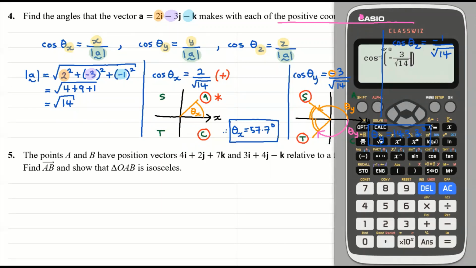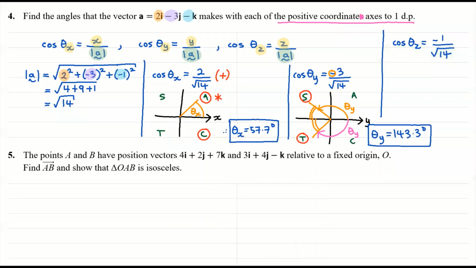Go back into that, just change the numerator to -1, and let's see what we get. 105.5. Okay. So therefore, theta z is 105.5 degrees. Okay, and all of these are to 1 decimal place.